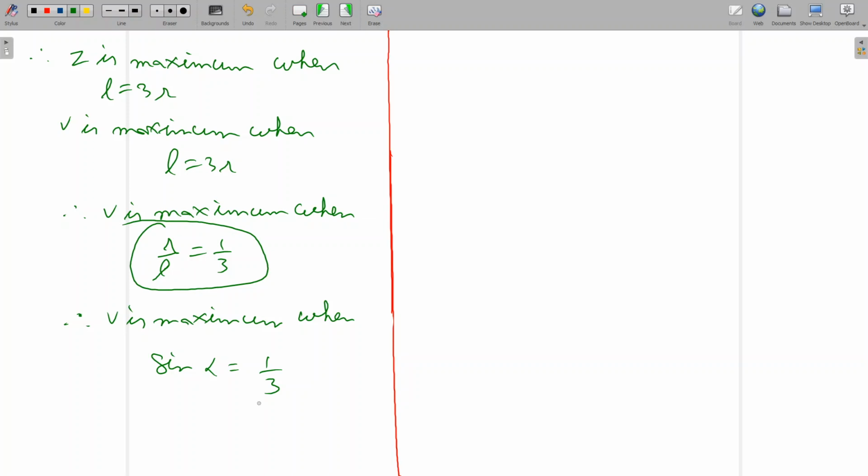So sine alpha equal to 1 by 3, or we can say that V is maximum when alpha equal to sine inverse 1 by 3. So this is the solution.